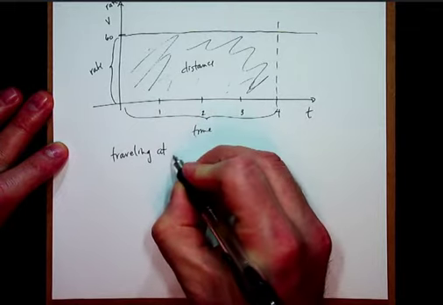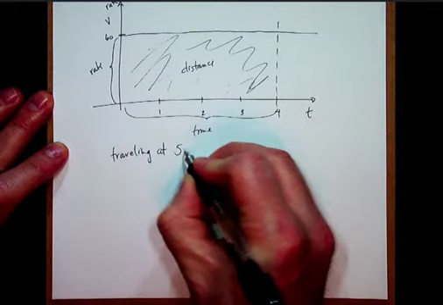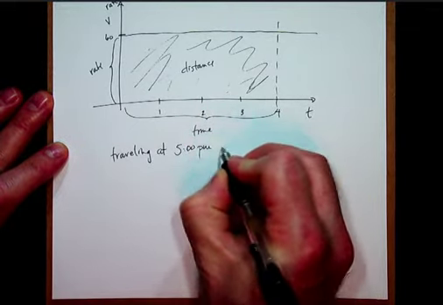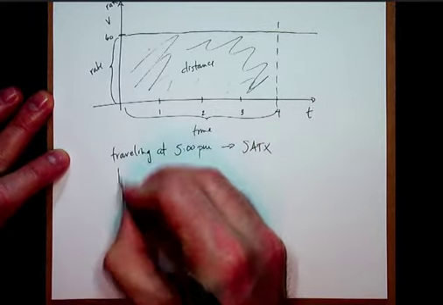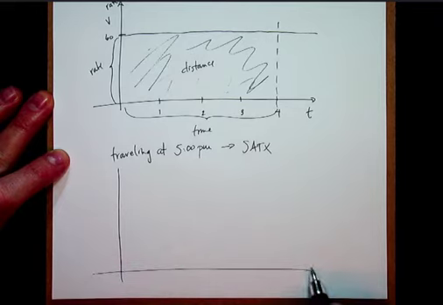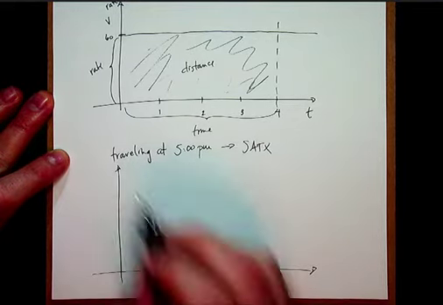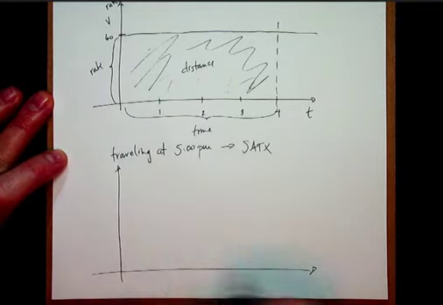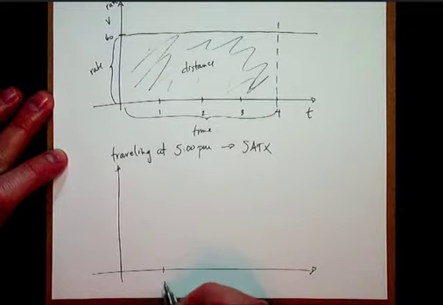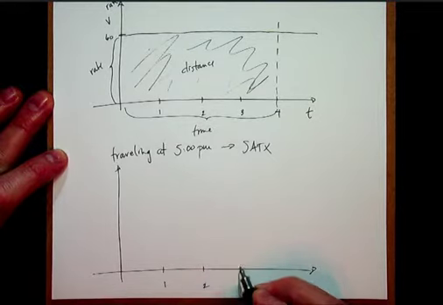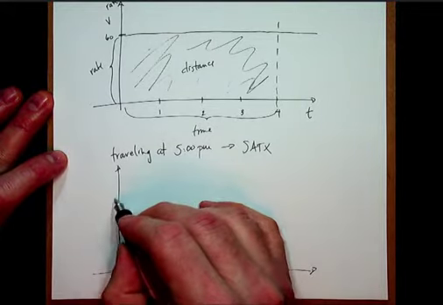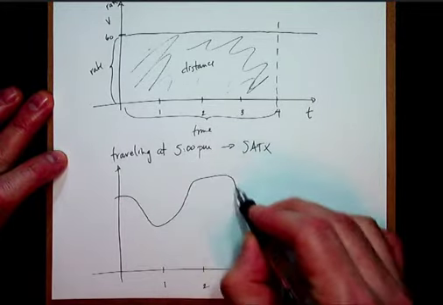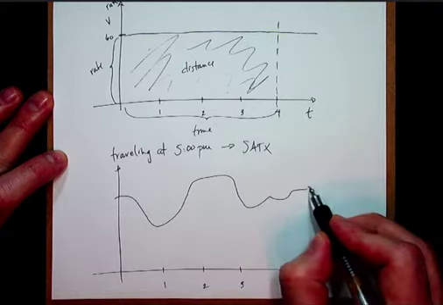Let's say that you are traveling at 5 p.m. to San Antonio. Well, the problem with that is that everybody else is traveling to San Antonio at that time, and you're not going to be able to maintain a constant velocity. So instead of a constant velocity, you are going to have a variable velocity.